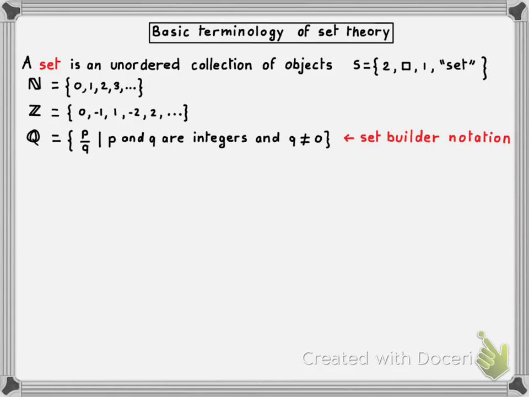So the set builder notation is a concise way of defining the elements of a set by first stating the kind of elements that we're considering, in this case, fractions of two kinds of objects, and second, after the vertical bar here, which is read as "such that", is listed one or more conditions that all the elements in the set must satisfy.